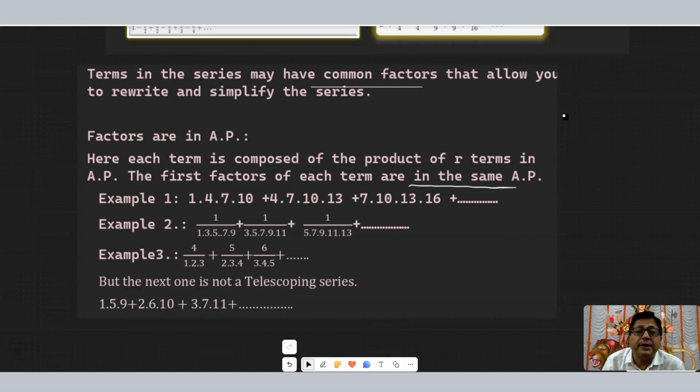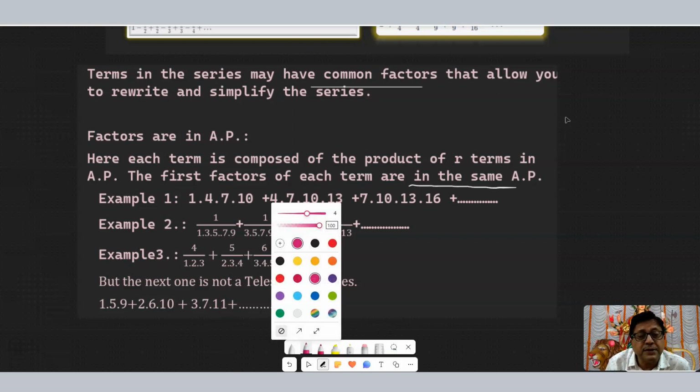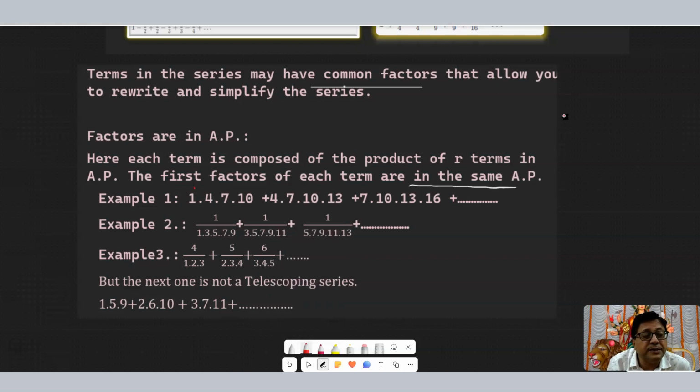But we can. Why? Because 1, 4, 7, 10, 4, 7, 10, 13, 7, 10, 13, 16, they are in arithmetic progression. And if you observe the first term of each product, just see, 1, this 4, this 7, they are in the AP. Which AP?